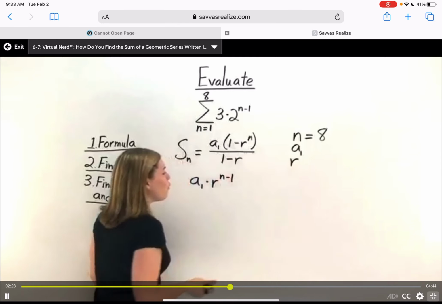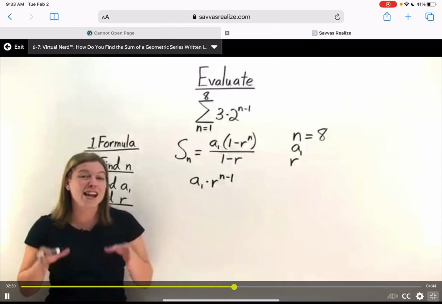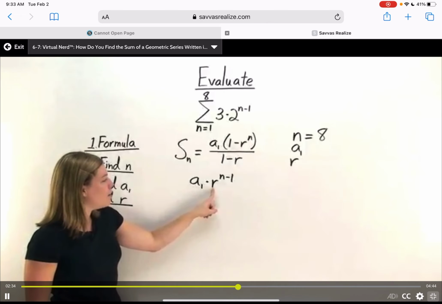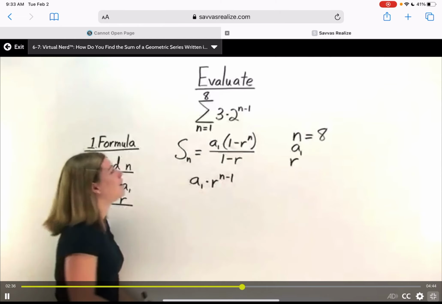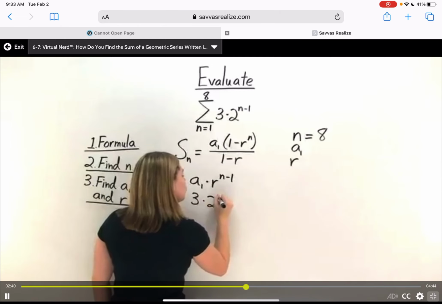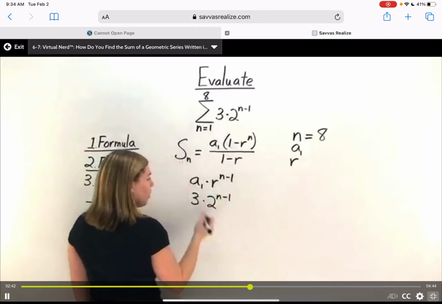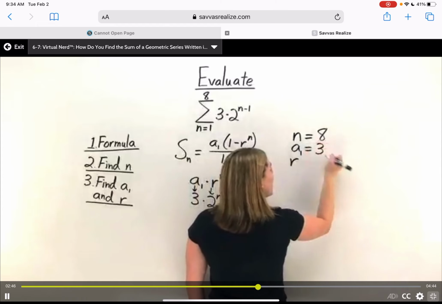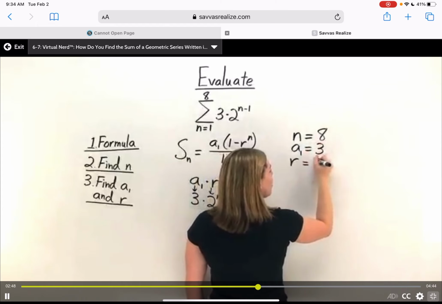This explicit formula tells us how to find any term in a geometric series. We have a sub 1 times r to the n minus 1 power. Well, if we compare that to what we have, 3 times 2 to the n minus 1, matching everything up, we get that our first term, a sub 1, is 3, and r, our common ratio, is 2.